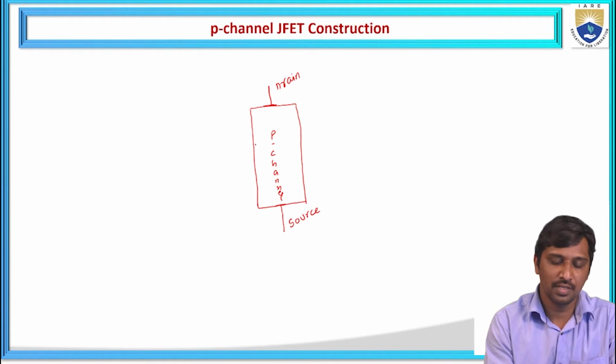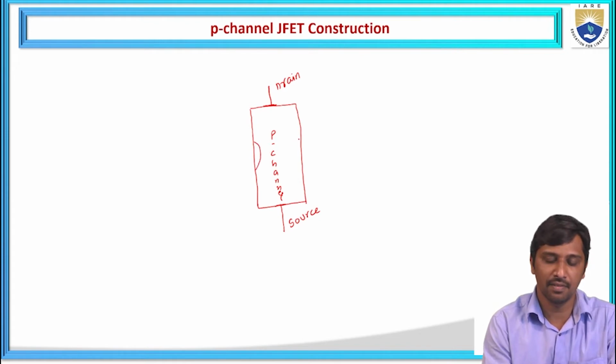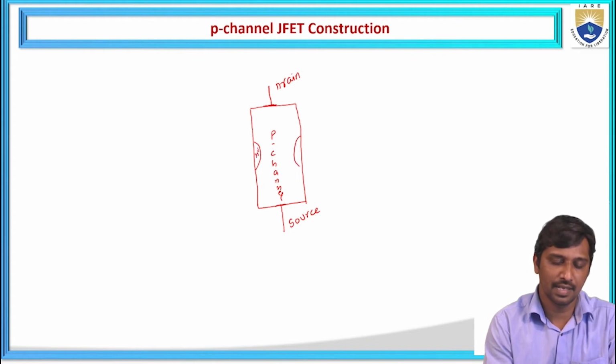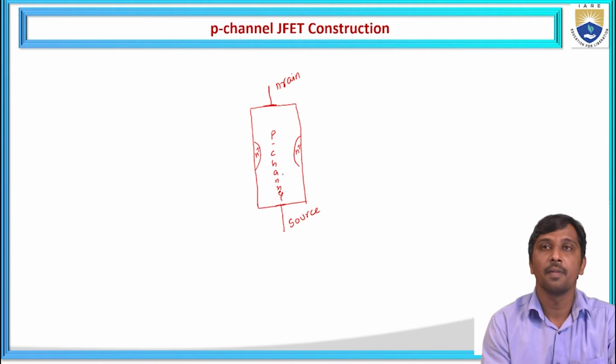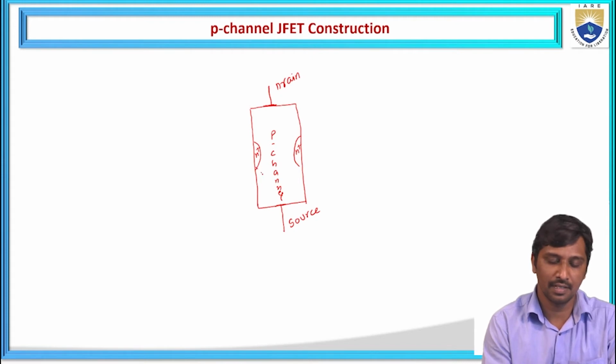And the opposite two sides are doped with a heavily doped material that is opposite compared with the channel. Hence, it is represented as N plus. And this N plus is interconnected with the P channel. It forms one junction. Internally, these two are shorted. Externally, they are connected to one electrode. That electrode is represented as the gate.